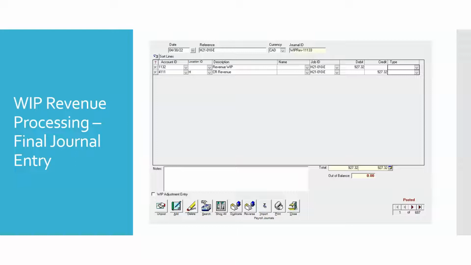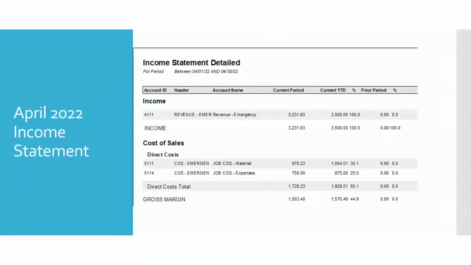As you can see in this journal entry, we have placed the revenue amount against the revenue account. Now our income statement reflects the earned revenue for the month of April and the revenue to date, which actually matches the invoice for the current year to date.